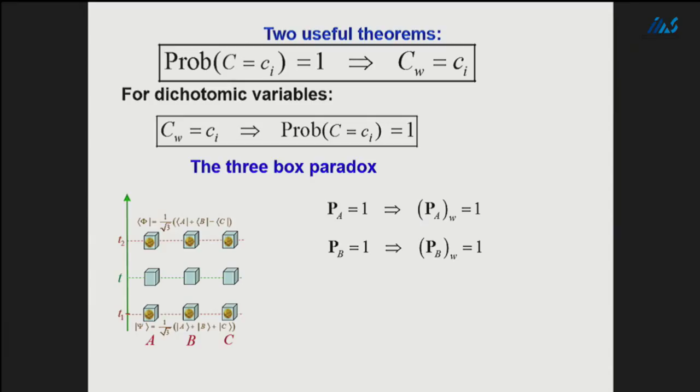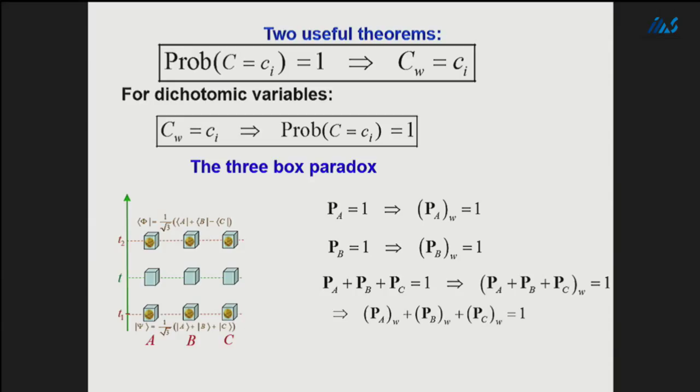Now, we are certain that it was only one particle in all these boxes. So the projection on A, B, and C with certainty is 1. So the weak value of PA plus PB plus PC is also equal to 1. But weak values are additive. So from here we know that the weak value of C is minus 1. In this way we can immediately see this minus 1. It was obtained by Steinberg in this experiment.